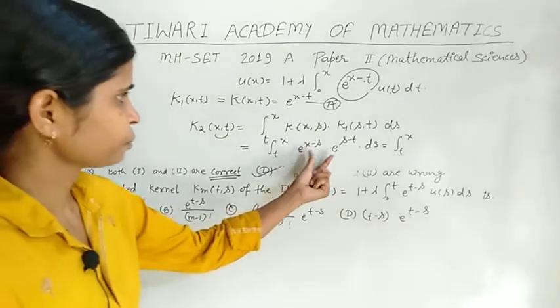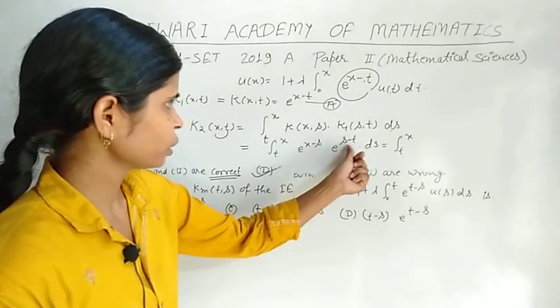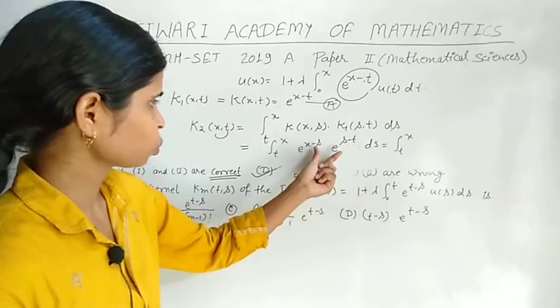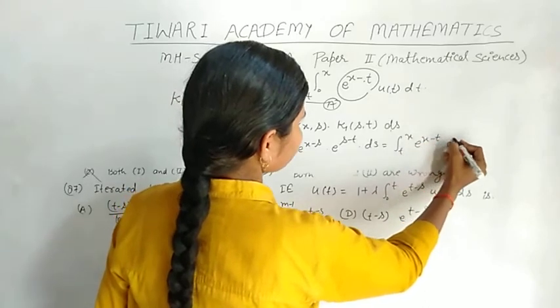If we add the powers, minus s and plus s cancel out, e raised to power x minus t into ds.